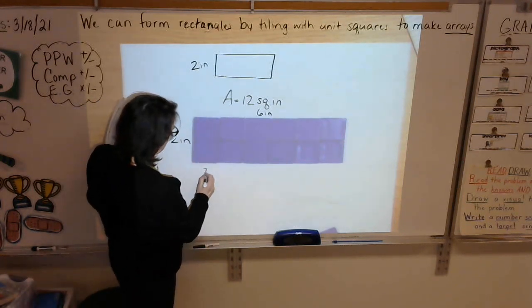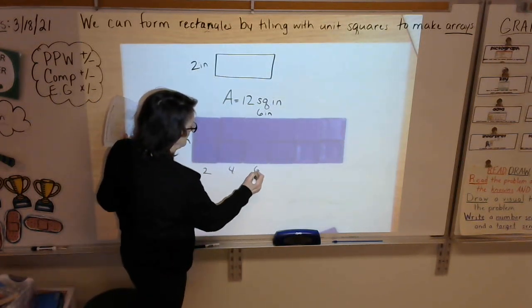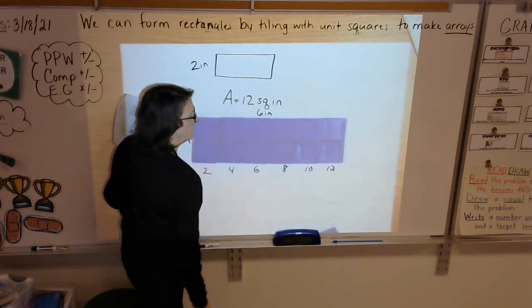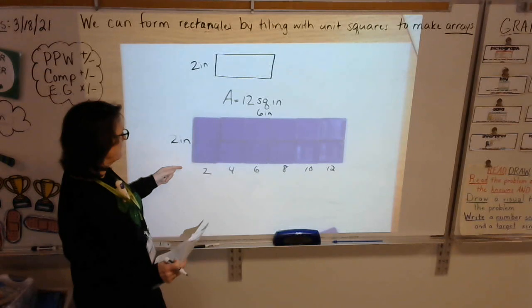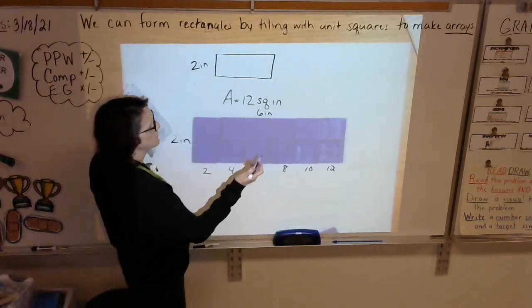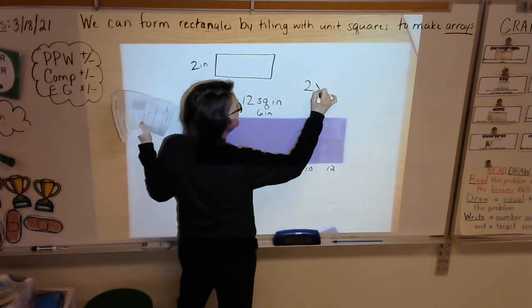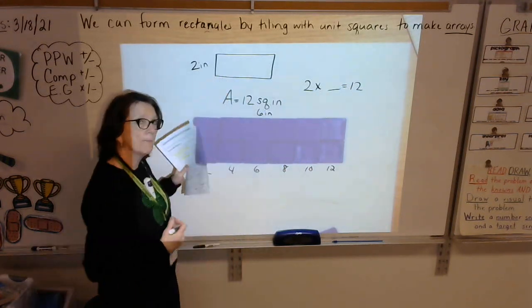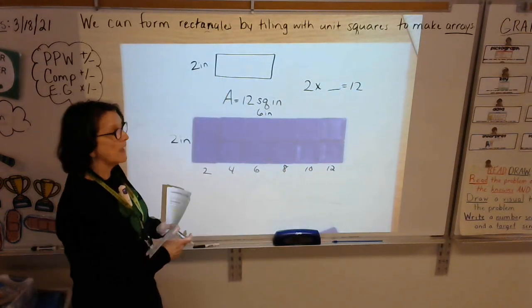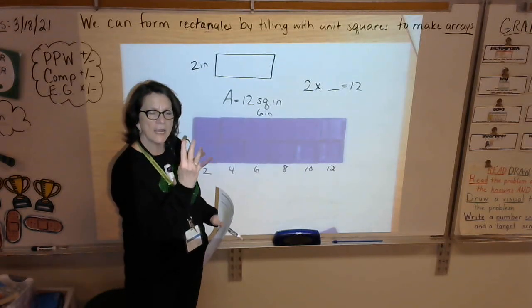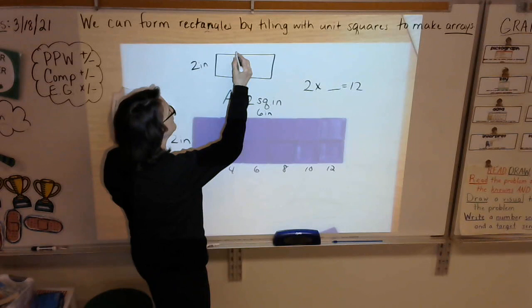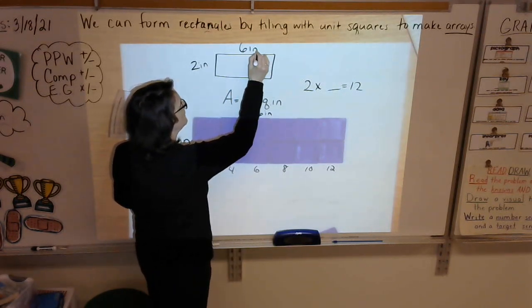So this would be 2, 4, 6, 8, 10, 12. Okay? So we can skip count by 2s, just like if we were going to write this multiplication sentence, 2 times what equals 12, what would we do? We would skip count by 2 until we got to 12, and that would be 2, 4, 6, 8, 10, 12. That would give us 6. All right? So this side length, now we know, is 6.